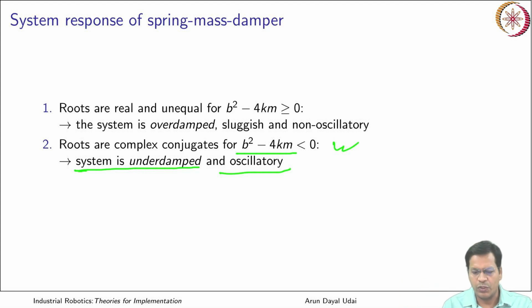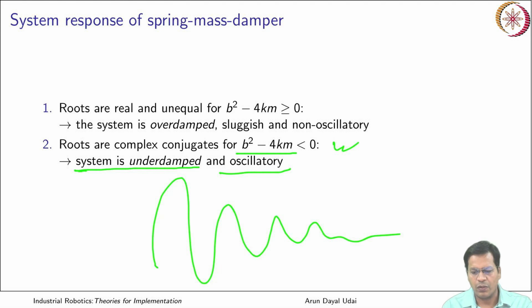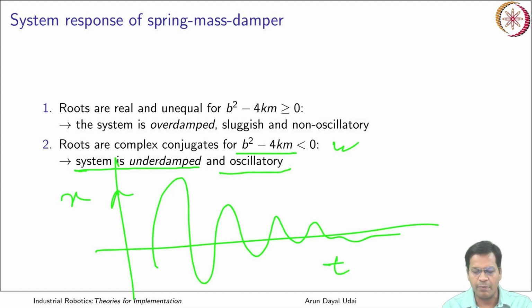Finally you can have a behavior which is something like this. So it will oscillate something like this. This becomes your displacement and this is your time. So over a period of time it will oscillate about the mean position, and this will gradually decrease. We'll discuss this very much in detail. So this is underdamped, okay, and oscillatory in nature.